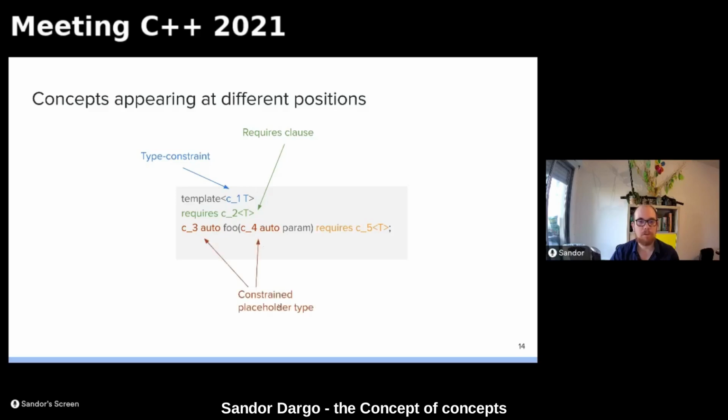You can use some constraint placeholder types in abbreviated function templates that you will see. We use it as a concept name auto. I will detail why we need both the concept name and the auto. And you also have the trailing requires clause that comes after the CV qualifiers.